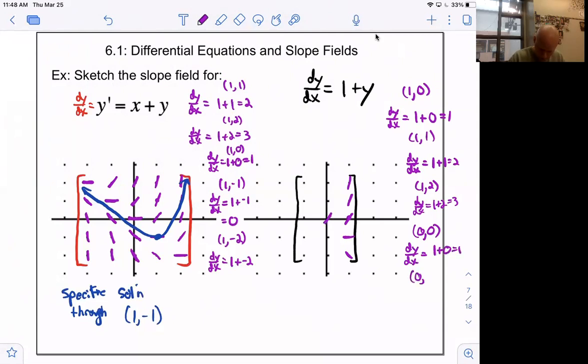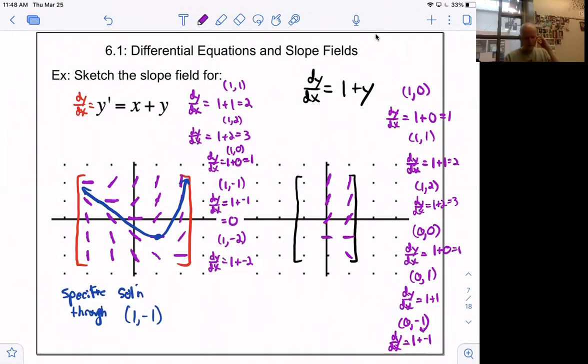If I go 0 comma 1, then my slope would be 1 plus 1, which is 2. And then 3 would be the next one. 0 comma negative 1, my slope there would be 1 plus negative 1, the y-coordinate, which is 0.